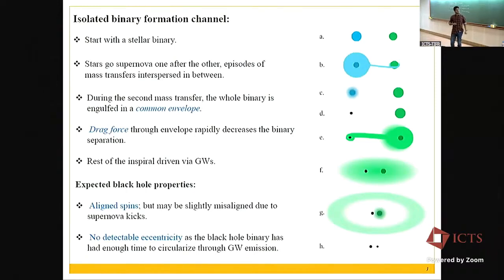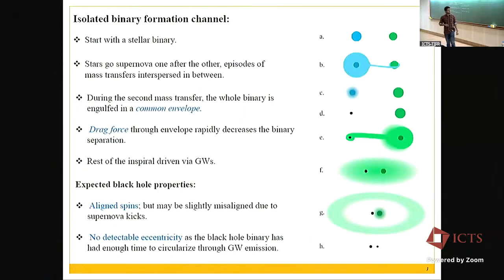Now, if this is actually happening in the universe, what are the expected properties of the black holes that we expect? Well, first of all, you can expect, due to these mass transfers, that they will have spins aligned with each other. However, there is no consensus on it. People say that there may be slight misalignment because during the formation of supernova, they may receive a kick, which may slightly misalign their spins.